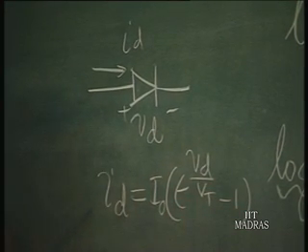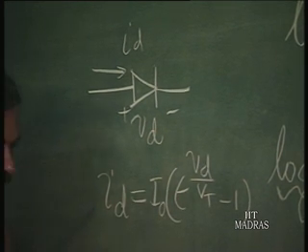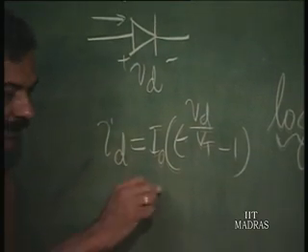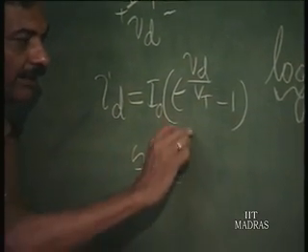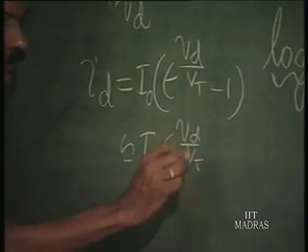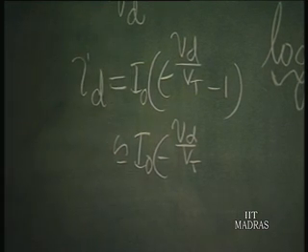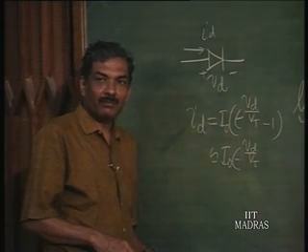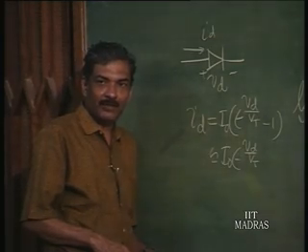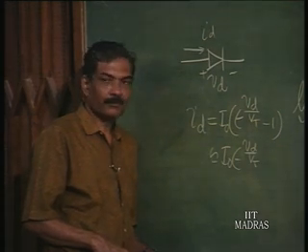This is known to you, right? Vt being equal to 25 millivolts at room temperature. This is approximately equal to I naught exponent V diode by Vt, because only its characteristic in the forward bias region is going to be exploited for logarithmic operation, right.